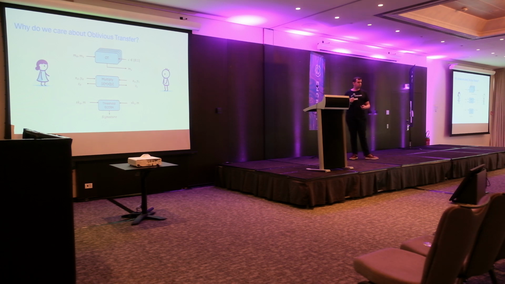And then you can compute even higher level protocols, like the one we're interested in today, which is threshold ECDSA, where Alice and Bob have some secret sharing of the private key of the ECDSA.